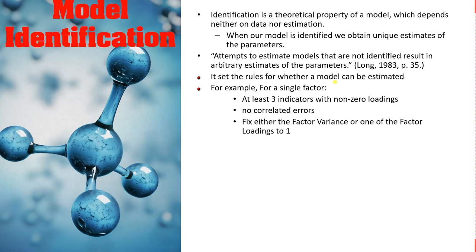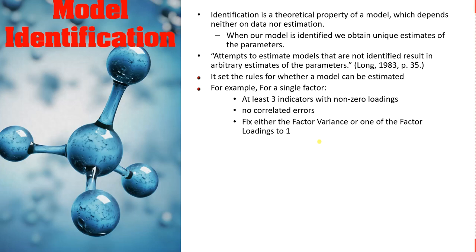And since the unobserved variable is not directly measured, we fix a factor loading to 1, and this is generally done for scaling purposes. So these three are the conditions for identifying a measurement model having a single latent factor and three indicators.